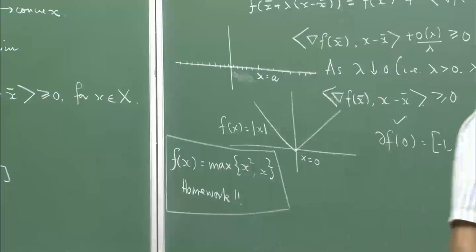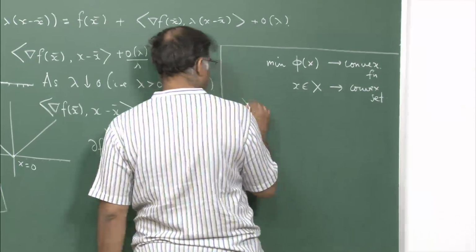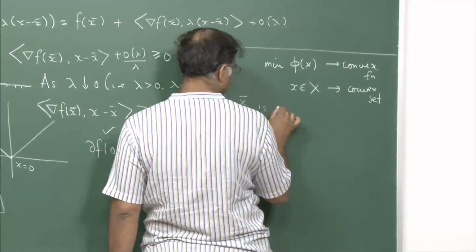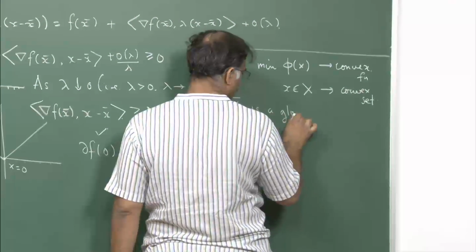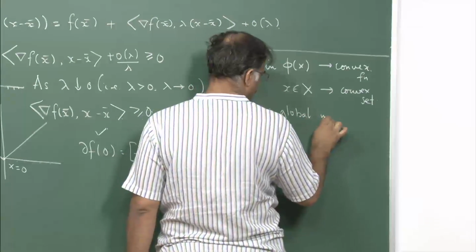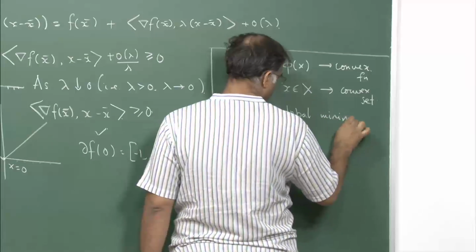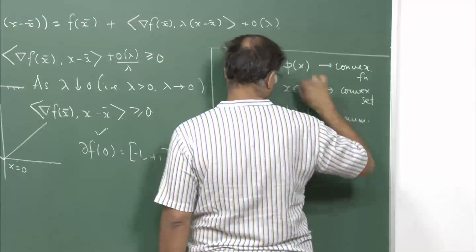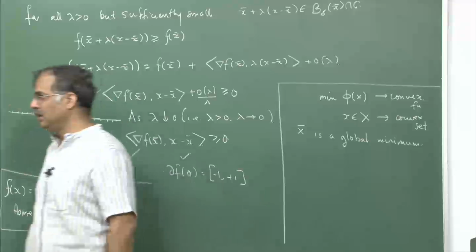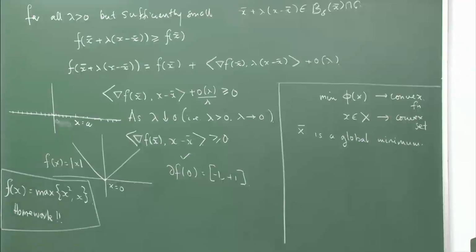Now, if x bar is a global minimum of this problem, how do I write down a necessary and sufficient optimality condition?